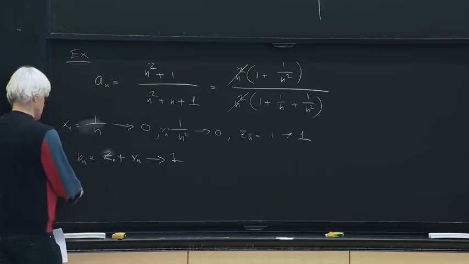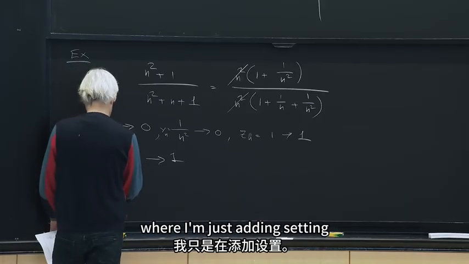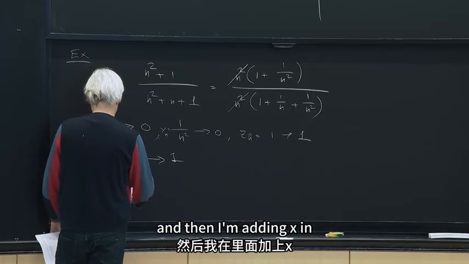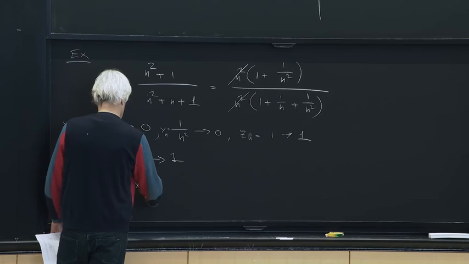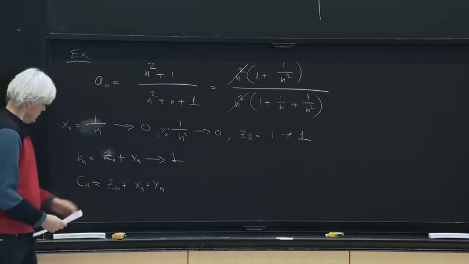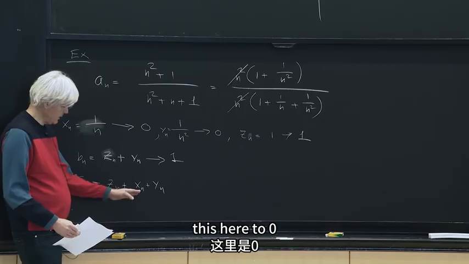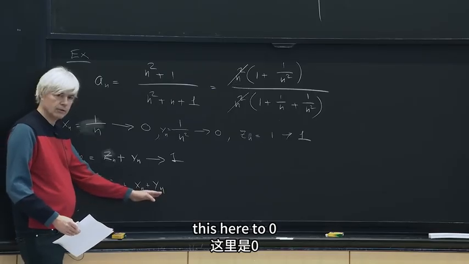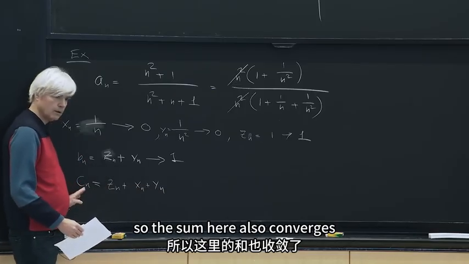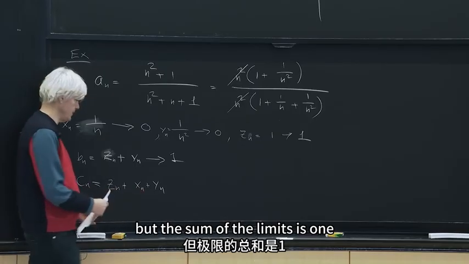Now I can also define a sequence where I'm adding zn, then xn, and then yn. This converges to 1, this to 0, this to 0. So the sum also converges to the sum of the limits, which is 1.